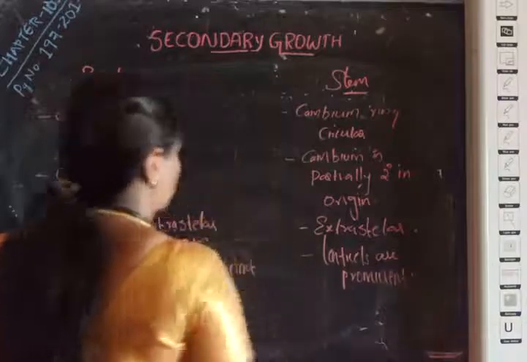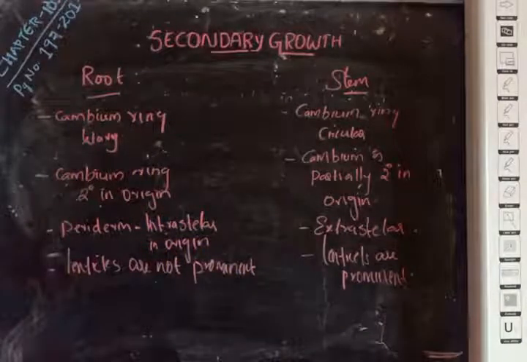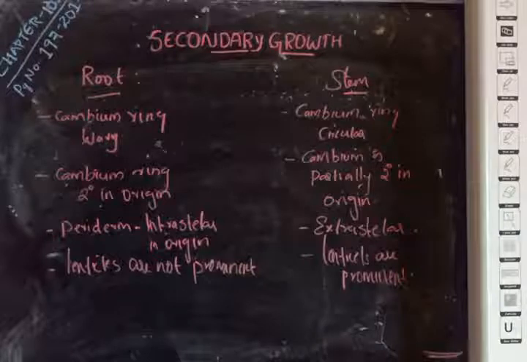Okay. So, in dicot root, the cambium ring is initially wavy, whereas in dicot stem, the cambium ring is always circular. The cambium ring is purely secondary in origin in dicot root, but partially secondary in origin in dicot stem.